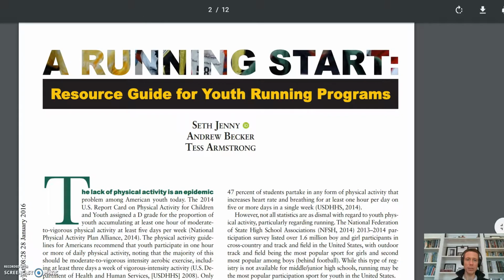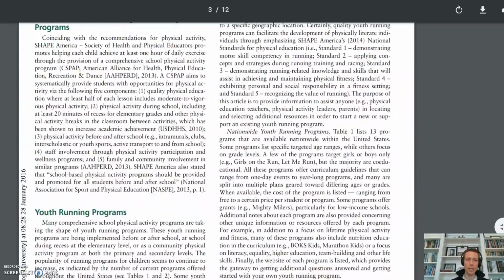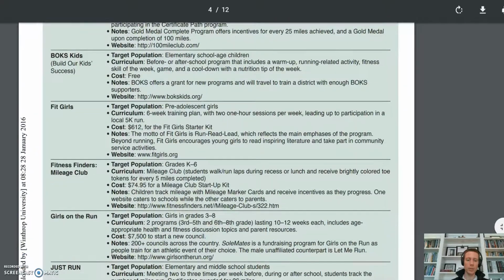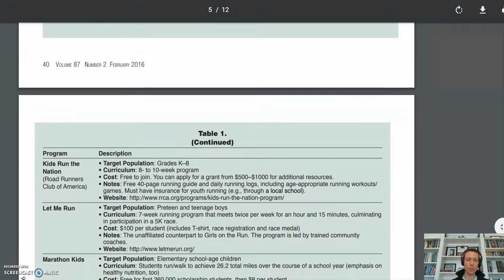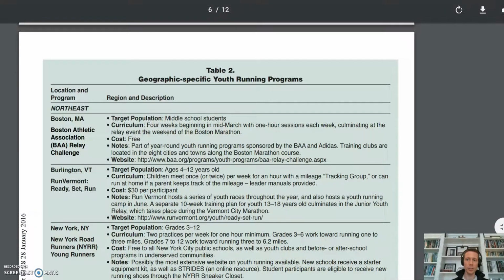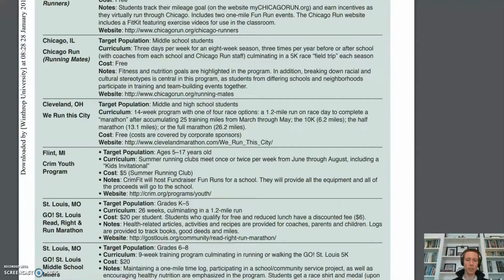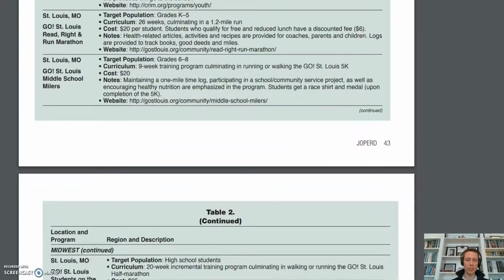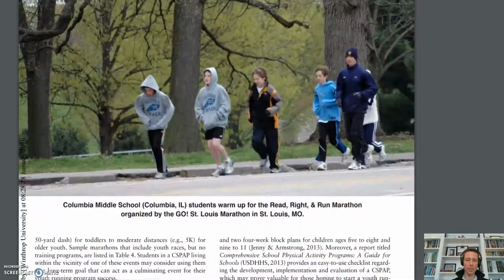So this is a running start, a paper I wrote with a few people, looking at what is out there for youth running programs and what are these programs, and where can I get resources to help improve my running program if you are a PE teacher, a coach, a school administrator, a YMCA worker, a Boy Scout leader looking to improve their run time, or a mom or dad just trying to get faster.